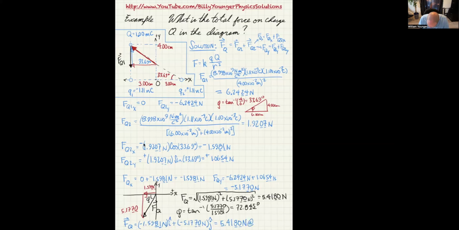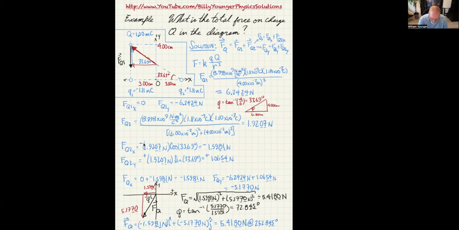So 180 plus 72 would be 252.845 degrees. And of course, the 4 and the 5 are not sig figs.